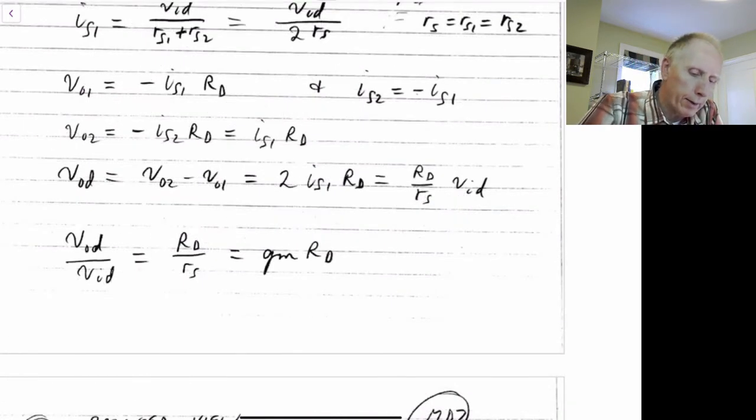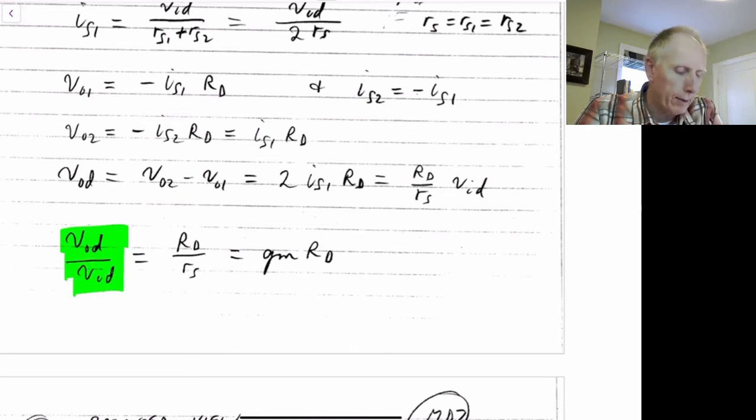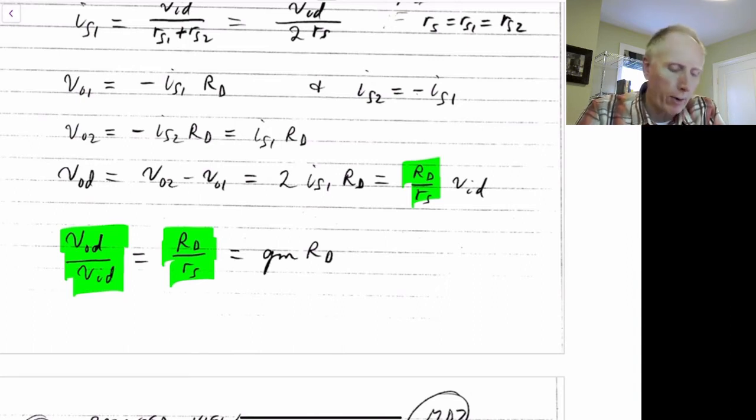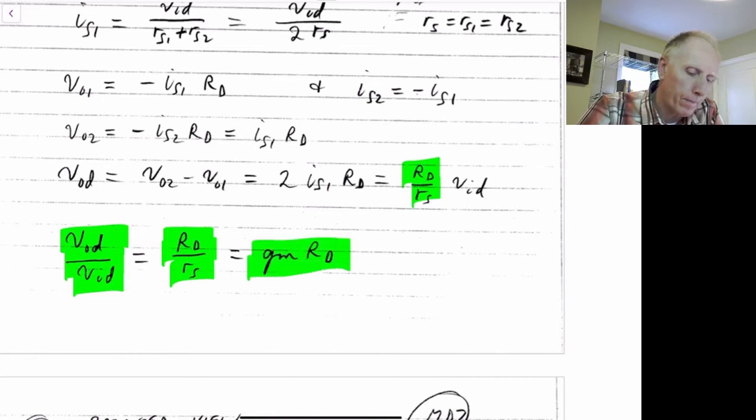So we can rewrite this as VOD relative to VID. So the gain of this circuit is given by RD over RS, this term here. And recalling that GM is equal to 1 over RS, it's also equal to just GM times RD. So that's the first way of looking at this circuit.